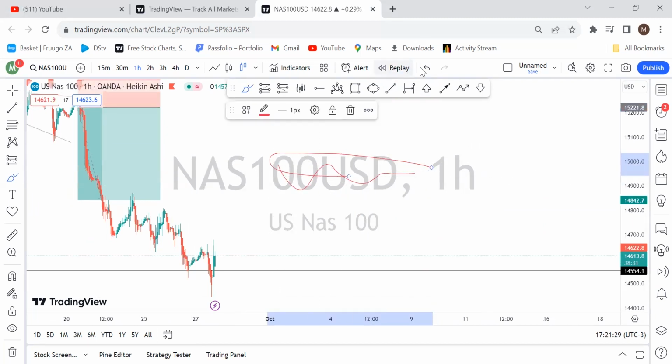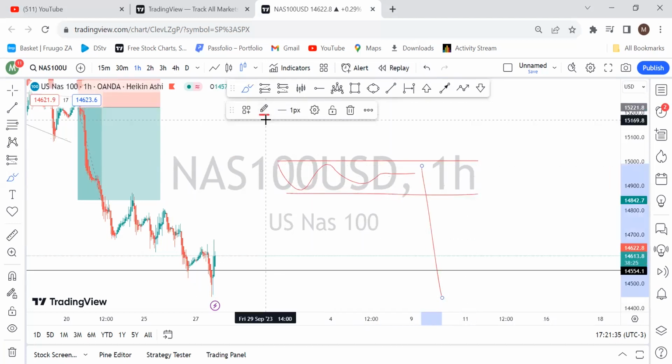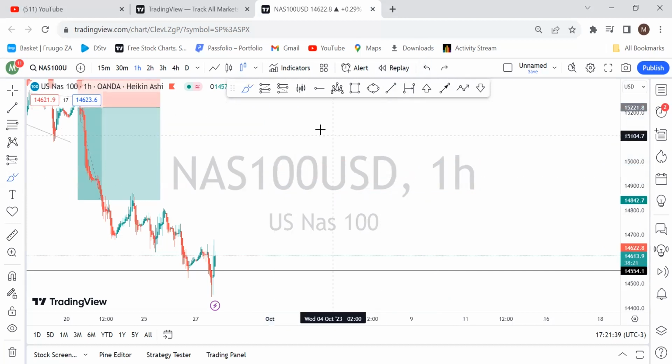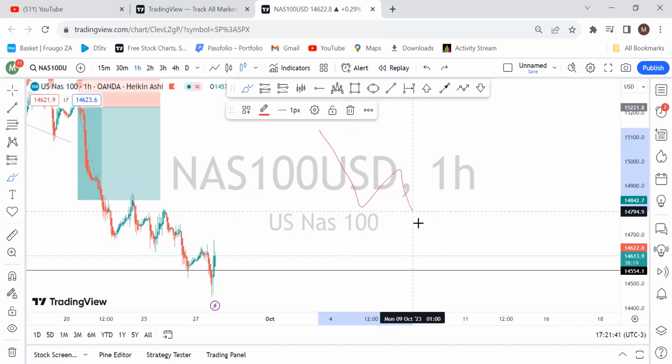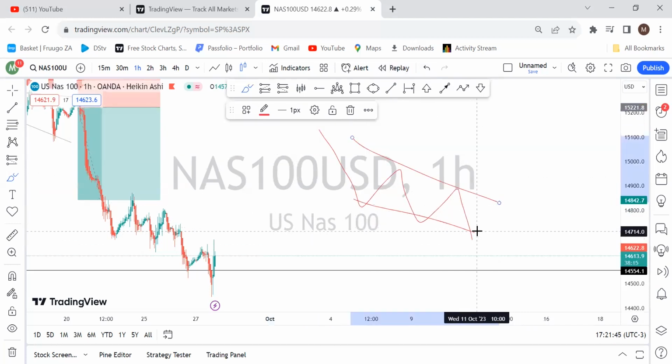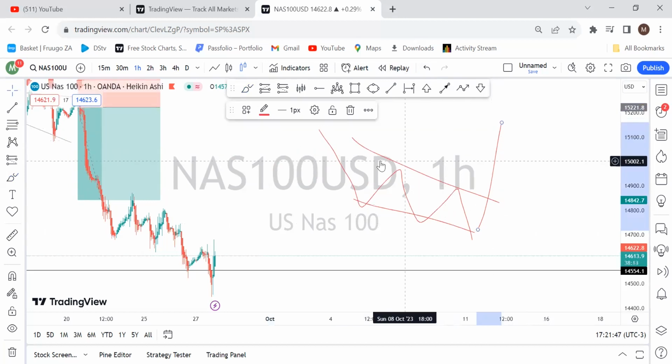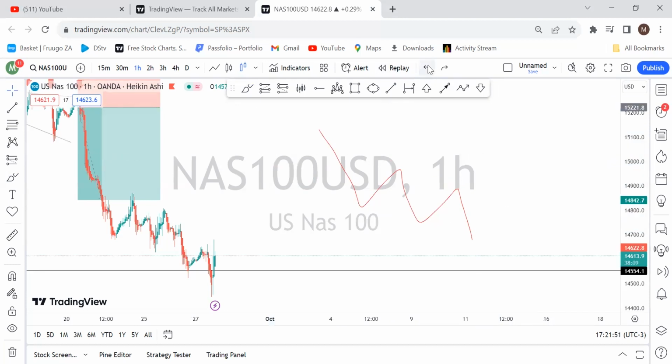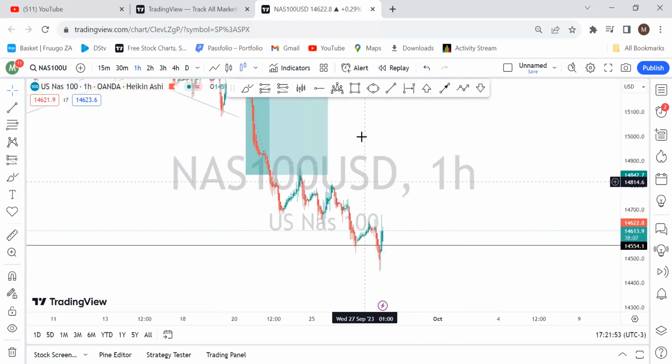A correction that is more flat, giving us a continuation to the downside, or a correction that is a reversal, right? It is more vertical, meaning the price is going to reverse, going back to where it's coming from. So we need to figure out what we have here.